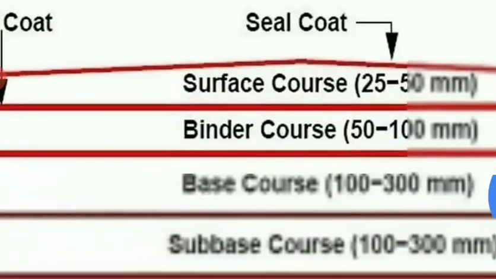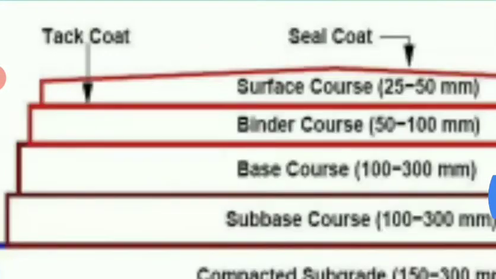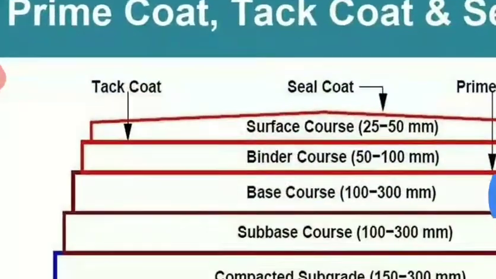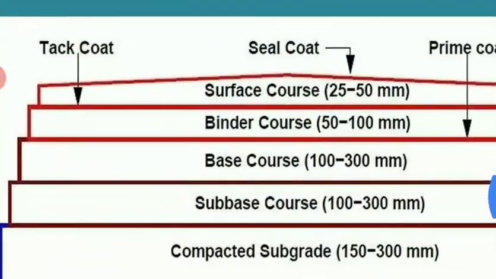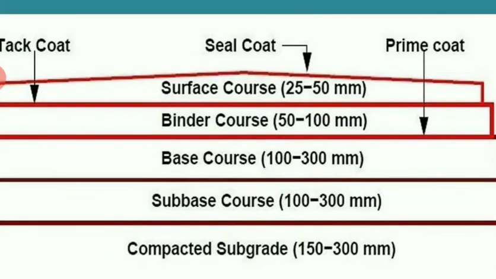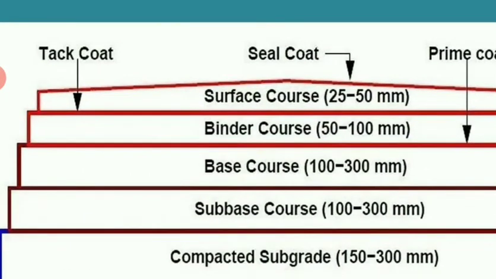Similarly, the tack coat comes between the two layers, the surface course and the binder course. So we apply two different coats, the prime coat and the tack coat. After the base course we place the prime coat, then the binder course, and after the binder course we place the tack coat, then the surface course, and on top of that the seal coat, like a king.